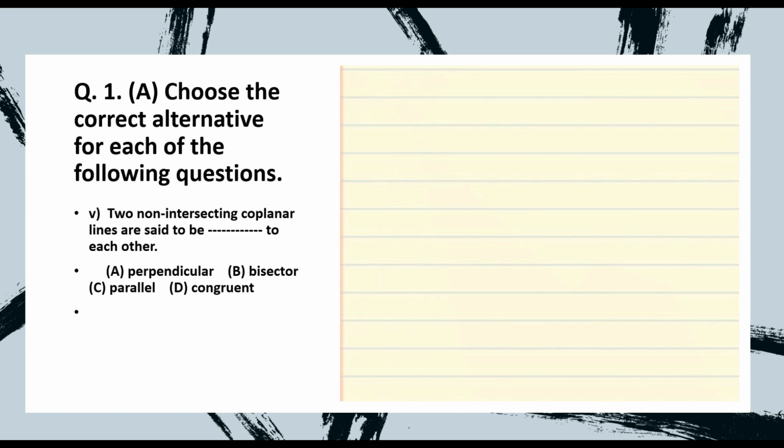So let us move to the fifth question of the MCQ. Now the question is: two non-intersecting coplanar lines. What is meant by non-intersecting? Consider this is line L1 and this is line L2. This we can say is not intersecting.